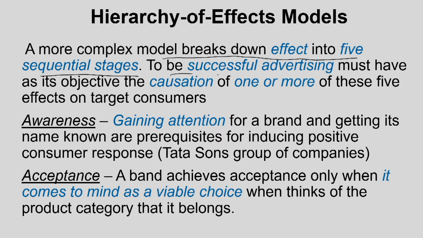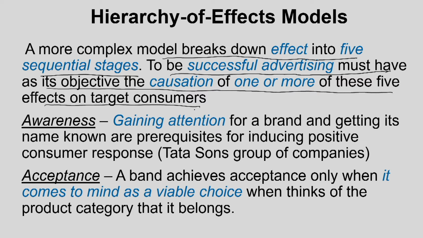It says that to be successful, advertising must have as its objective the causation of one or more of these 5 effects on target consumers. What this model says is that for any advertisement to be successful, one or more of these effects outlined in this particular model should take place.